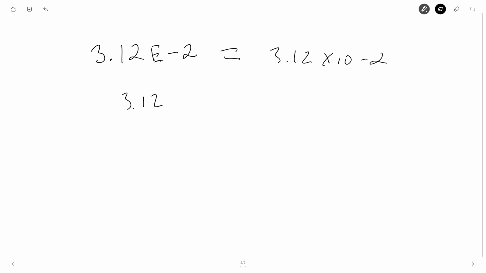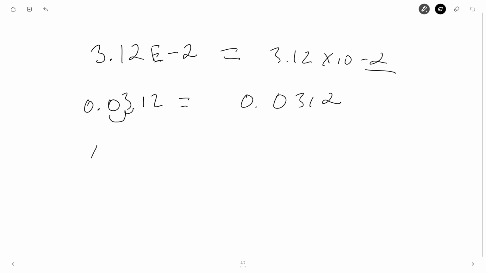When you have a negative, we're taught in algebra that you move the decimal point to the left 2 times, because you have a 2 here. So this would be 1, 2. The decimal point is moved here. So you're left with the number 0.0312.